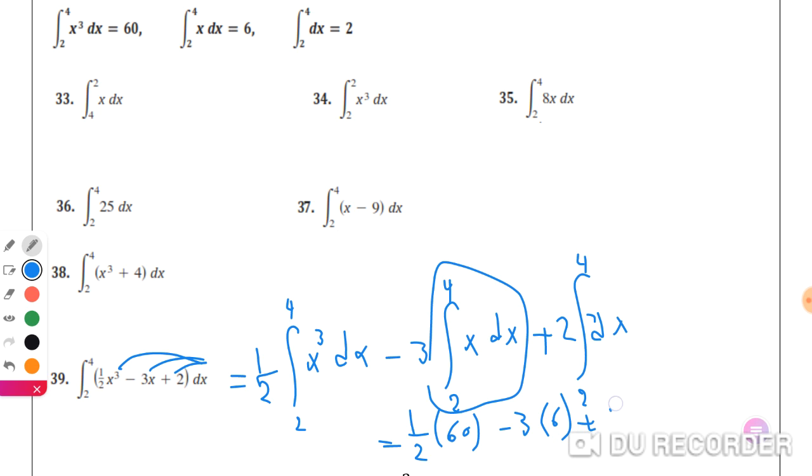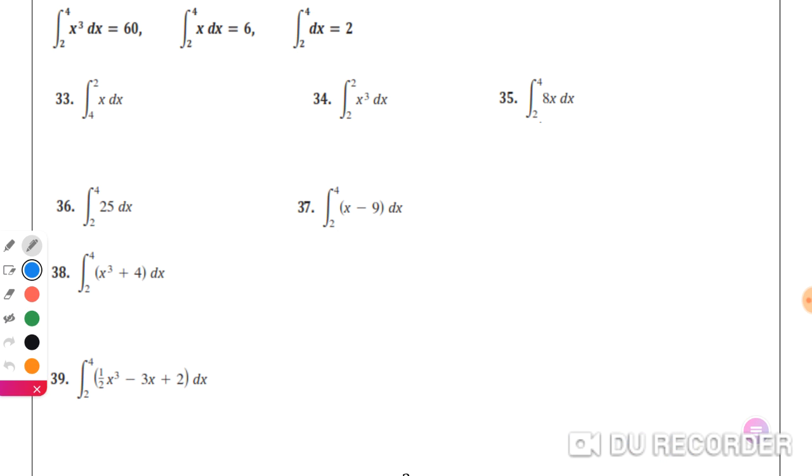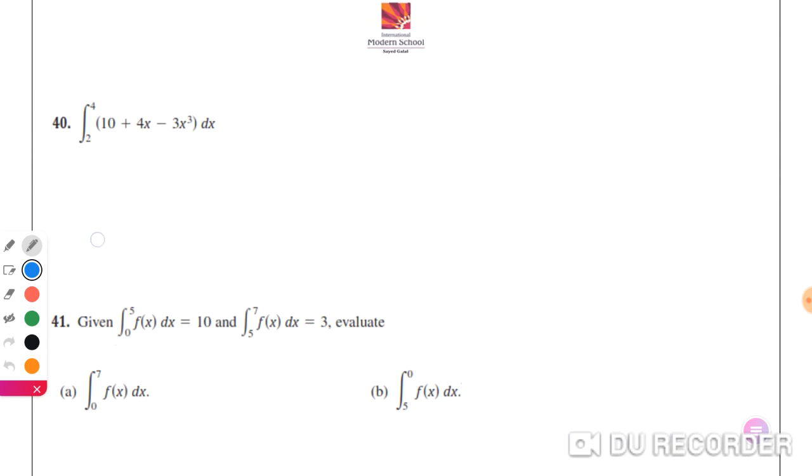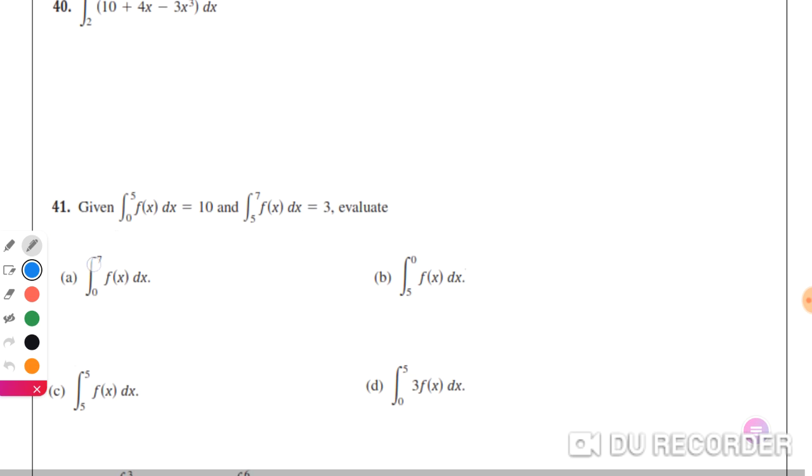Plus 2 multiplied by the integral of dx, which is 4. But I write it like this: it will be 30 minus 18 plus 4. It will be 16. Trivial, I swear. It is very, very interesting. Number 40 as homework.